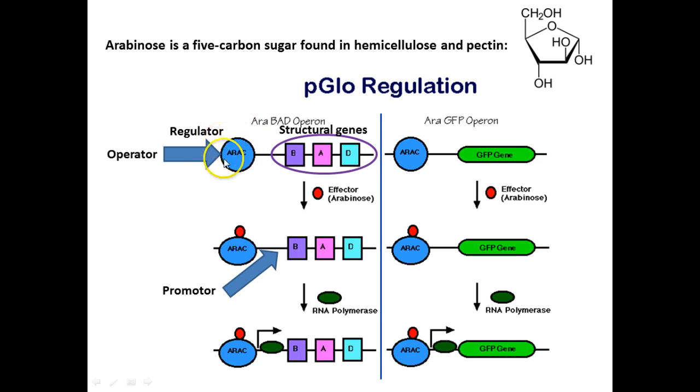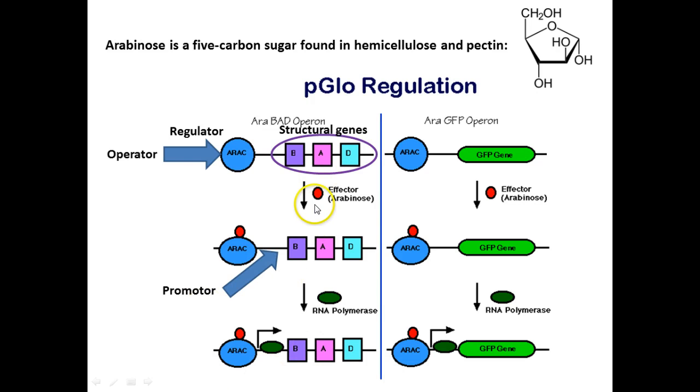That protein that binds, it's the regulator. And when it's binding, it's not allowing the promoter to be available for the RNA polymerase to bind here and copy these structural genes. Now, these structural genes are to make the enzymes to digest arabinose, right, to digest that sugar.